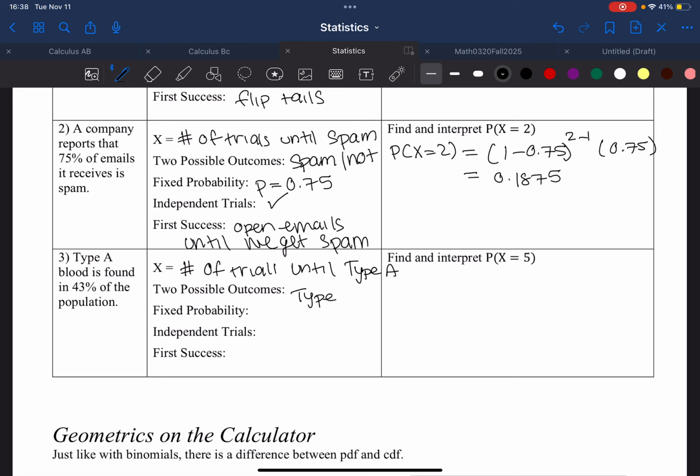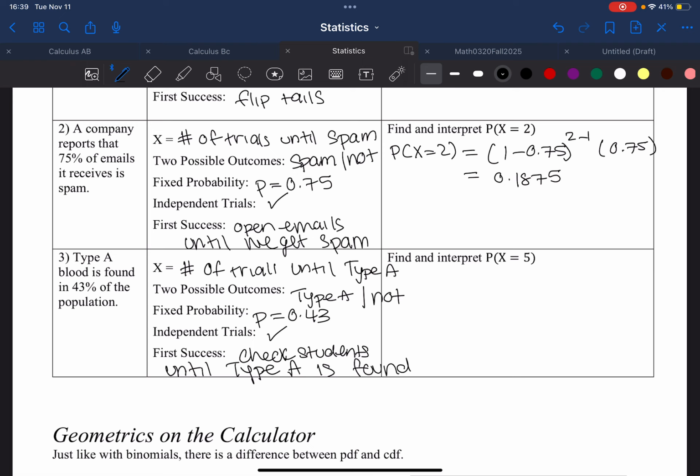We either have people that have type A or not type A. The probability is given to us as p is equal to 0.43. Our trials are independent because we're making the assumption that there are many students in our population. And we know we have a first success if we check students until type A blood is found.